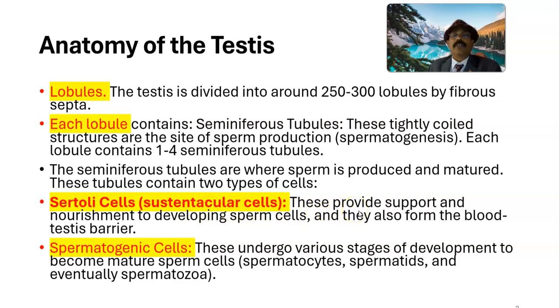Another is the spermatogenic cell. The sustentacular cells provide support and nourishment to the developing sperm cells, and they also form the blood-testis barrier. Spermatogenic cells undergo various stages of development to become mature sperm cells: spermatocytes, spermatids, and eventually spermatozoa.